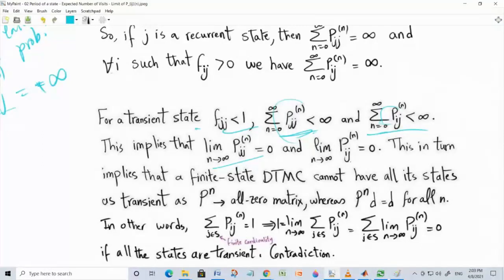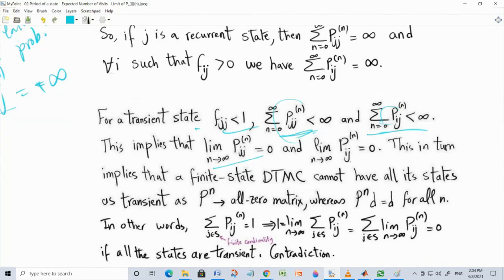Okay. Now I will make another claim, but this one we can understand given what we know till this point. If you have a finite Markov chain, then it cannot be the case that all states are transient at the same time, which means that if you have a finite discrete time Markov chain, at least one of your states must be positive recurrent.